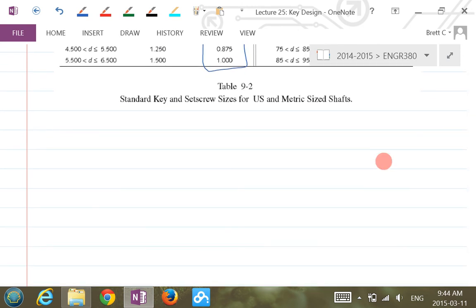Okay, so what are other considerations for keys? Other information you should know is that most key stock material is low carbon cold-rolled steel.